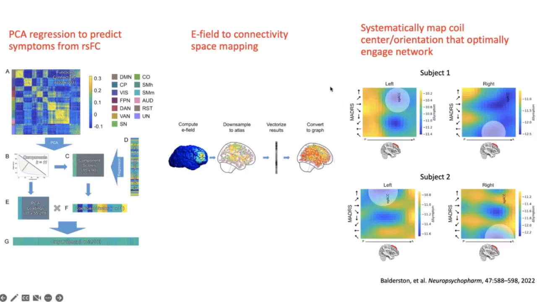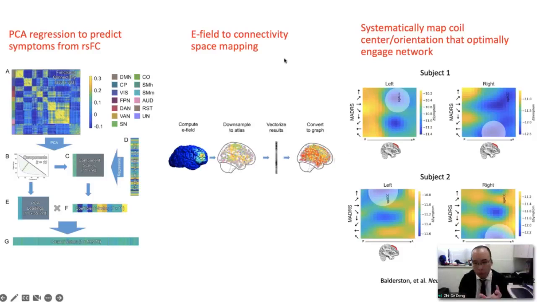The colors represent the predicted depression score following a hypothetical course of TMS treatment to the left and right DLPFC. And you can see that the cool spots in the heat map are the TMS site and orientation that would yield maximum predicted symptom reduction.